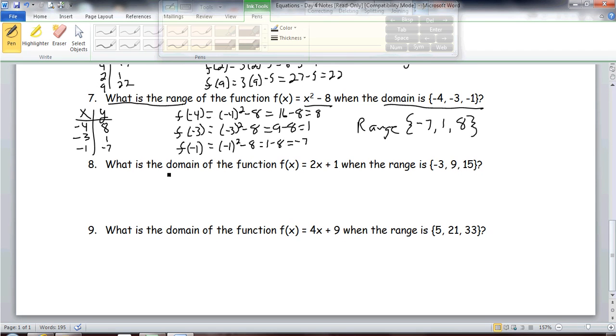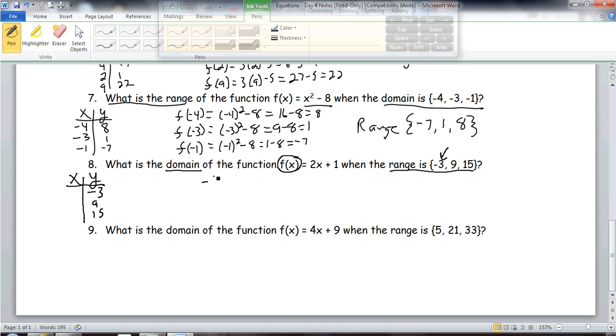Notice number 8, it says, what is the domain? So now we're looking for x values. We're given y values. This is when the range is -3, 9, and 15. So I replace this whole thing here with these values.